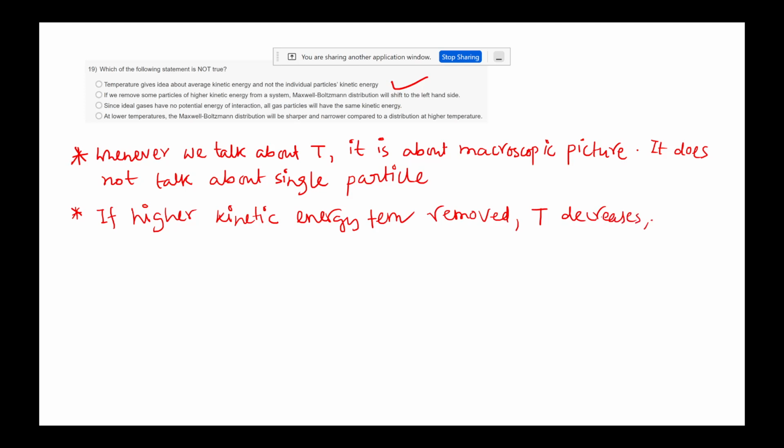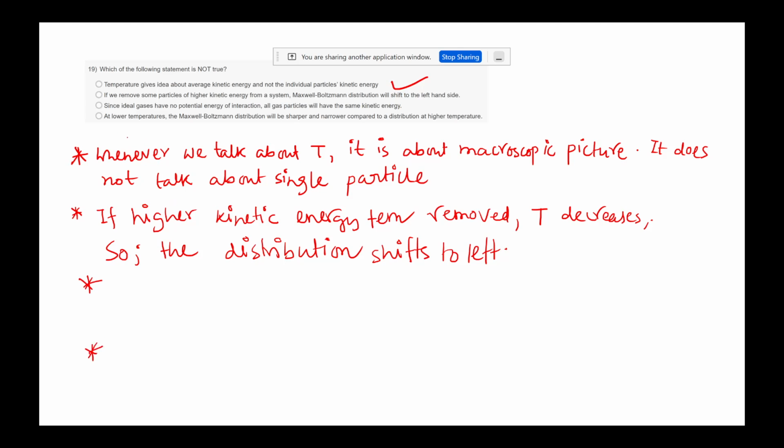Now the third option will come later. We'll talk about the fourth option because I know the answer.